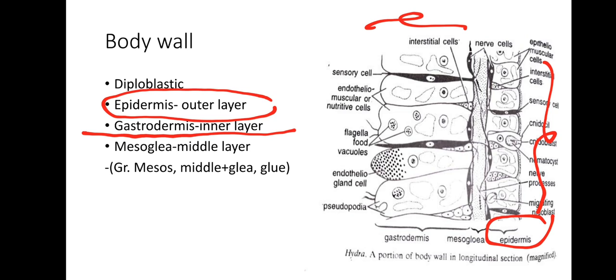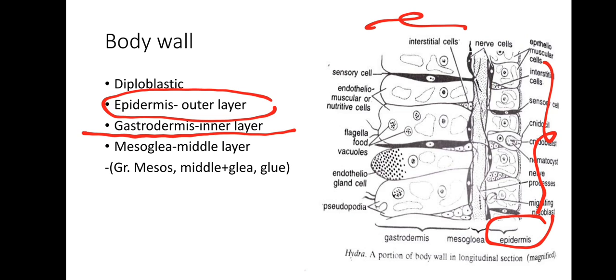This middle layer is formed of a glue-like substance, some polysaccharides. Since it is present in the middle of these two layers, it is called mesoglea, where again the term is derived from Greek. Mesos means middle, glia means glue. So the glue-like material present between the two layers of the body wall is called mesoglea. That's a special feature in coelenterata.